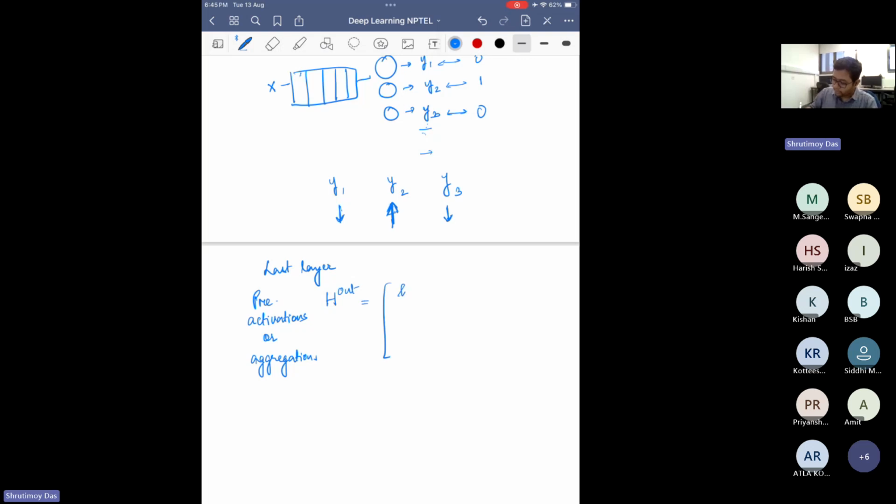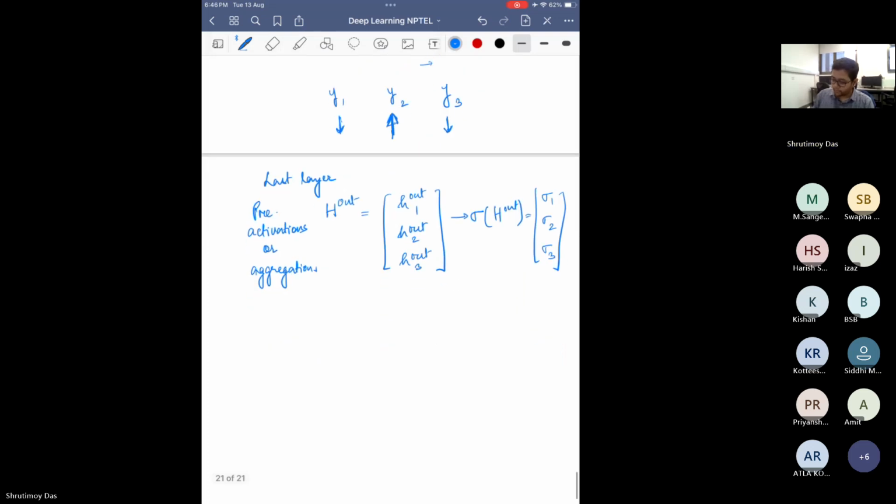So you have h out 1, h out 2, and h out 3. And then, as we do with any neural network, because this is a classification function, we use the non-linearity here. We have some sigma of h out, and it will give us sigma 1, sigma 2, and sigma 3, right?